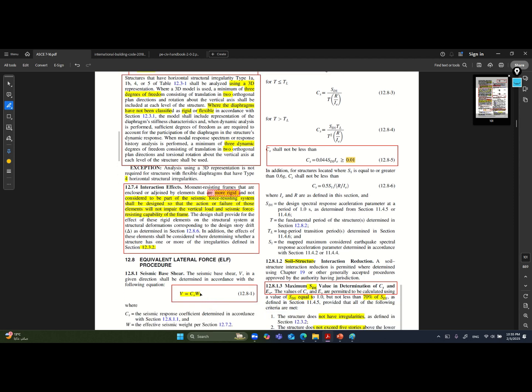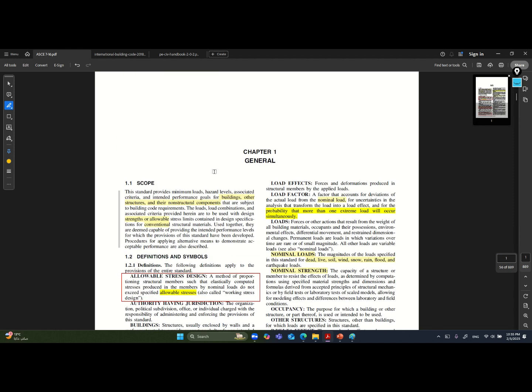And the weight is the effective weight, which is the dead weight. So this value is satisfied, it has been met in the seismic accordingly. So let's go back to chapter 1.